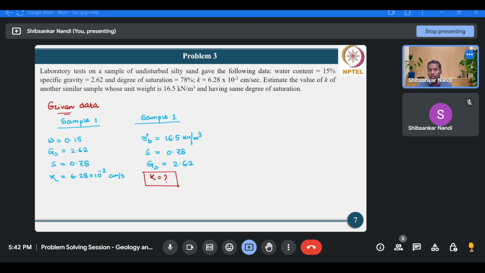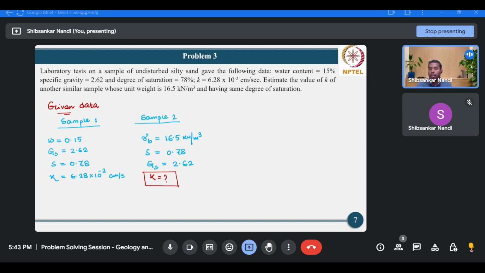But if that is not the scenario, then you have to first identify the factor which can affect the hydraulic conductivity in sample 2 as compared to sample 1. Now, considering the given data, it's quite obvious that the possible factor which can affect the hydraulic conductivity here, at least for this problem, is nothing but the void ratio.